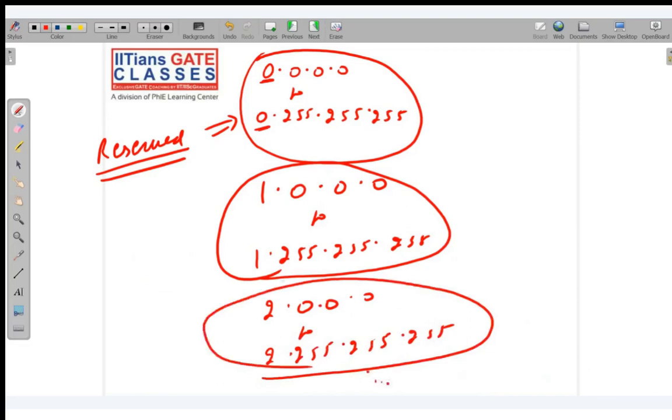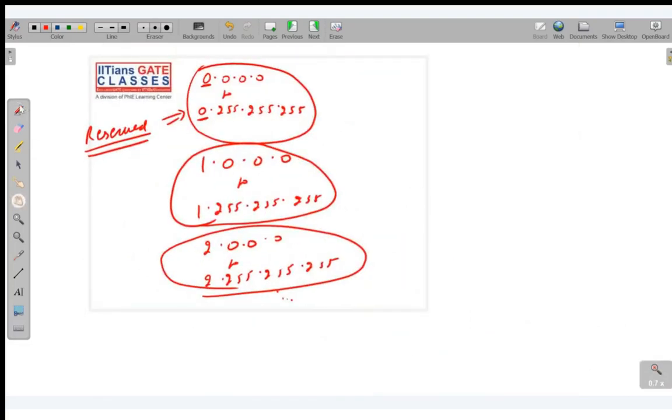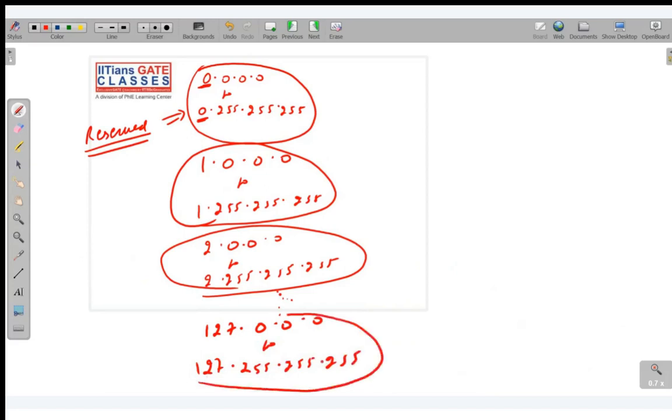Till what point will we go? Till 7 ones in the first octet. 7 ones continuous, that is 127. 127.0.0.0 to 127.255.255.255. Any doubt here?